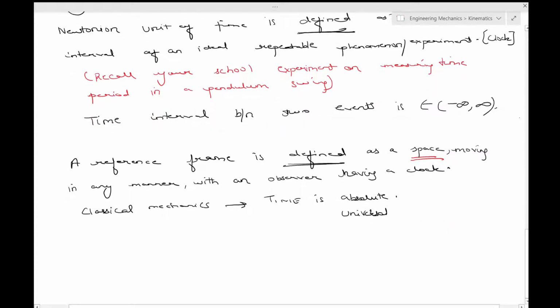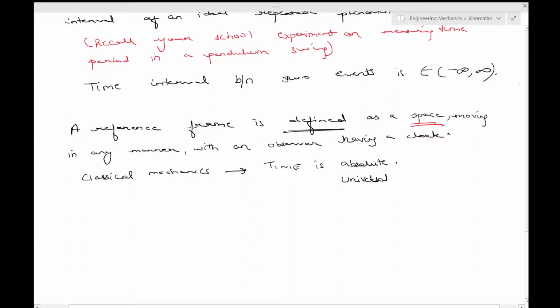Okay, so let's now move and define some of the other quantities. A material body is a collection of matter, mass.